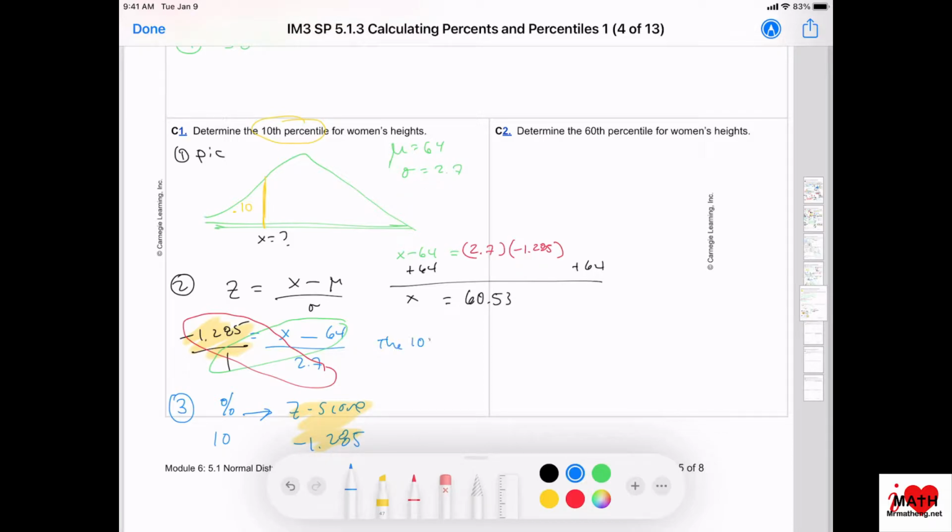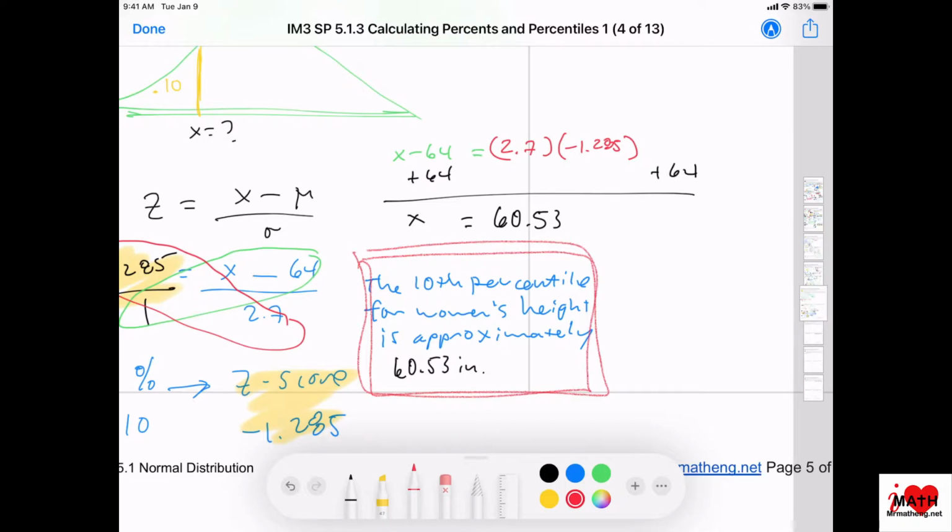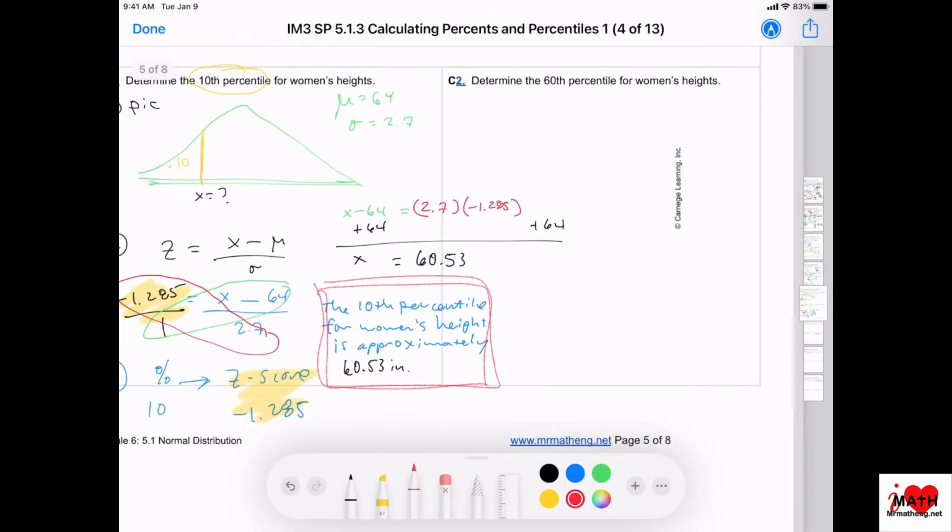The 10th percentile for women's height, so you can kind of use this as a sentence frame, for women's height is approximately 60.53 inches. And that's our answer for C1.